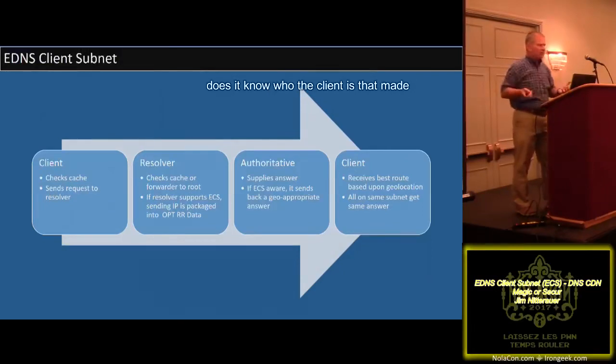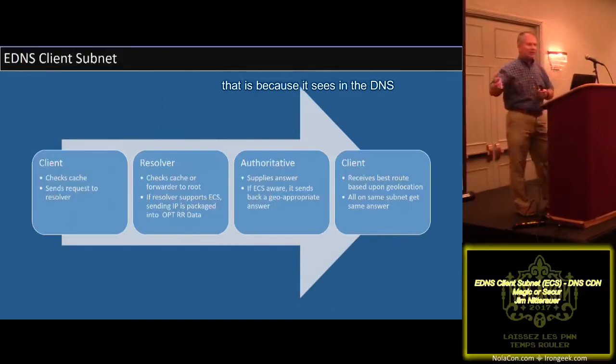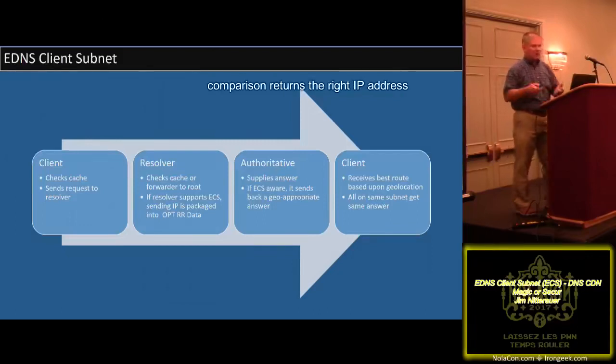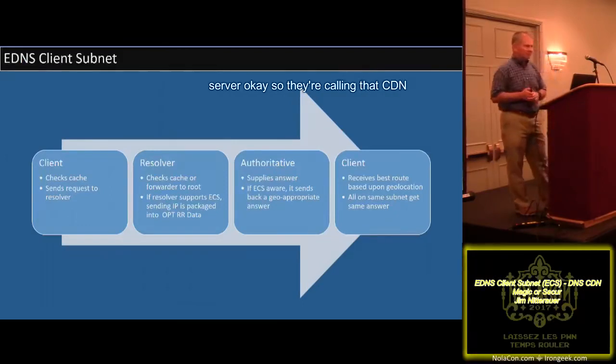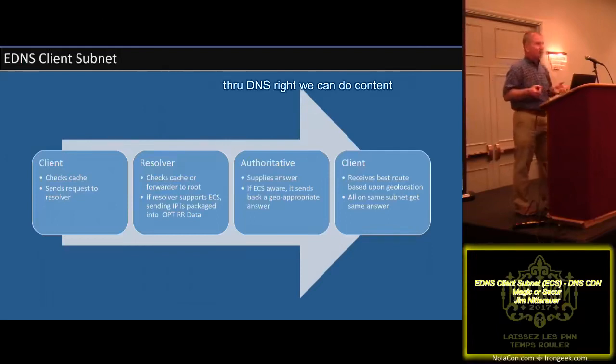So how does it do that? How does it know who the client is that made the request, right? Well, the only way it does that is because it sees in the DNS packet the original requesting client in that EDNS client subnet packet. It does a comparison and returns the right IP address for the client, not the requesting DNS server. Okay? So they're calling that CDN through DNS, right?